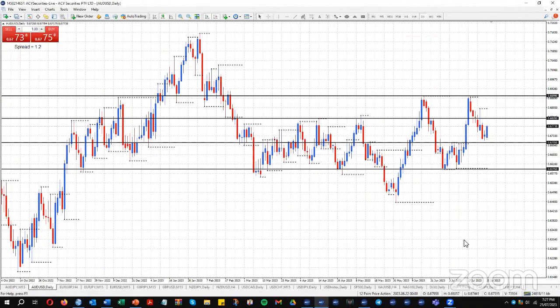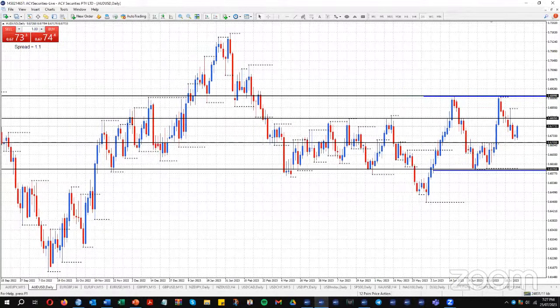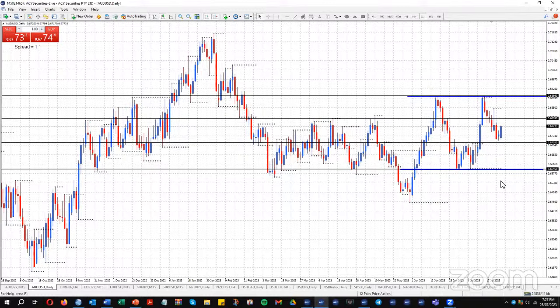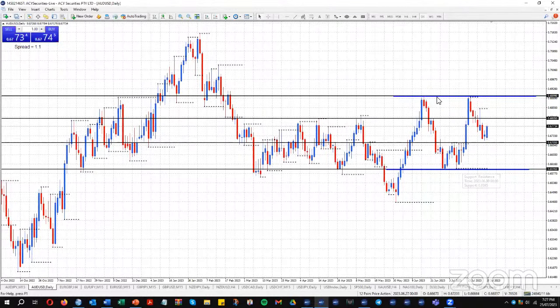All right, Aussie dollar. Very range bound. If I just do a little bit of drawing, this is actually in some form of weekly range at the moment, potentially. Okay, that's weekly support, weekly resistance at the top.